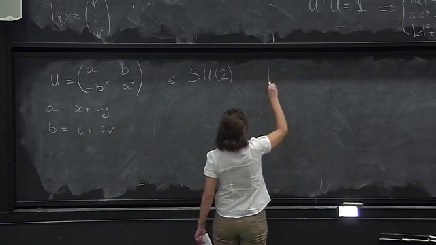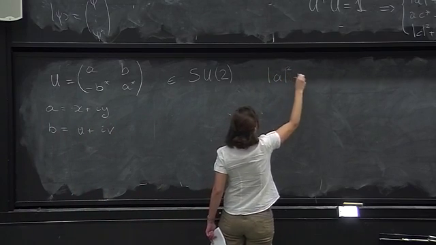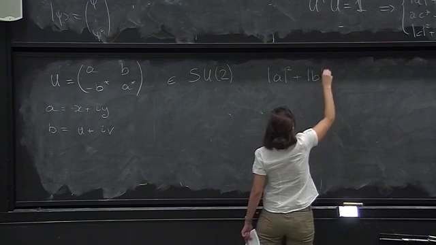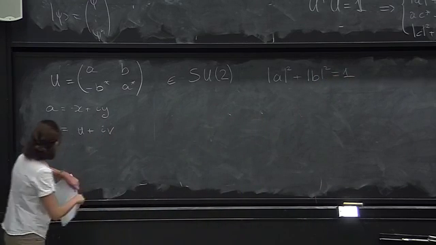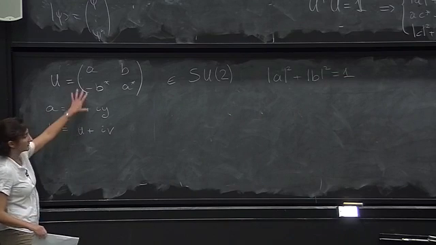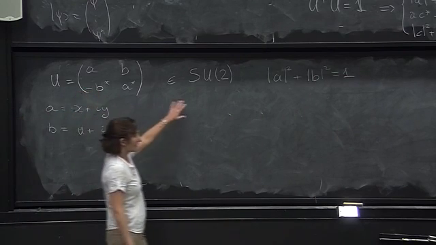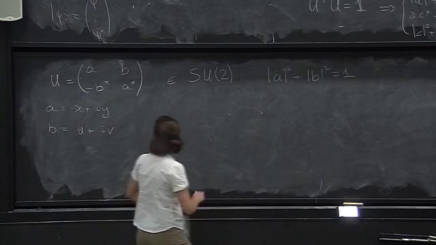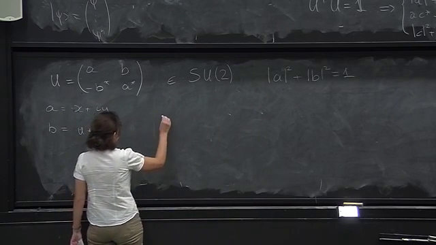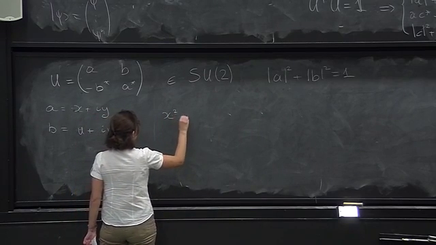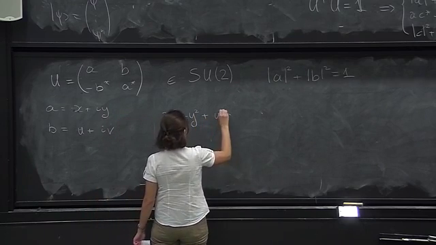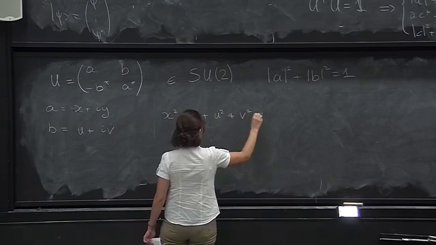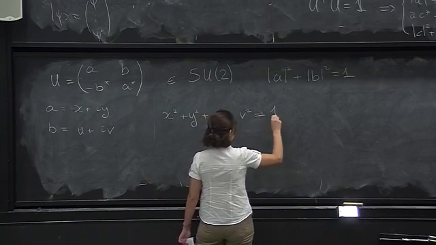Sorry, the requirement is also that the norm of A squared plus the norm of B squared equals 1. Well, if I plug this in and calculate again the determinant, it's not hard to see that this takes me to x squared plus y squared plus u squared plus v squared equals 1.